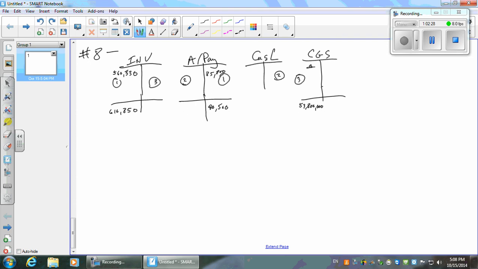I would debit cost of goods sold 53.8, and what would you credit? Where did it come from? Inventory. Excellent. This is 53. Whoops. Thank you. I'm dangerous. 53.8, get your decimal in the right place.